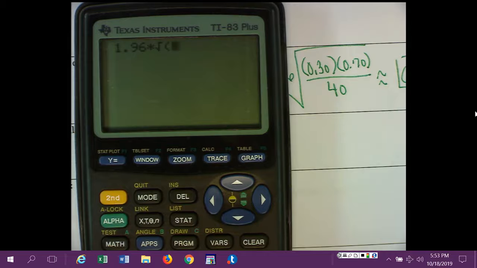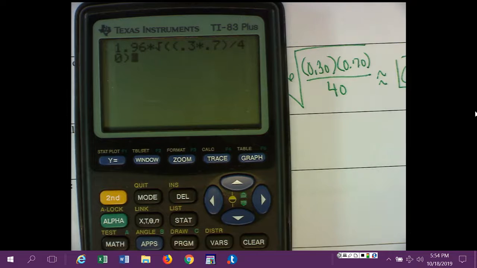When you say 1.96 times the square root, you are prompted with that set of parentheses. So this is what I do. I would say another set of parentheses, and I would say 0.3 times 0.7 and close that. Then divide by 40 and then close the second set of parentheses.